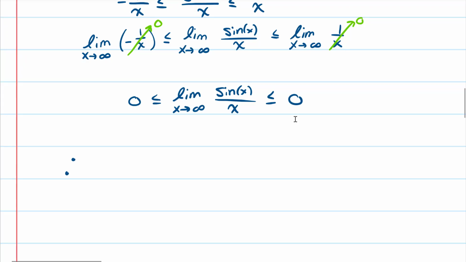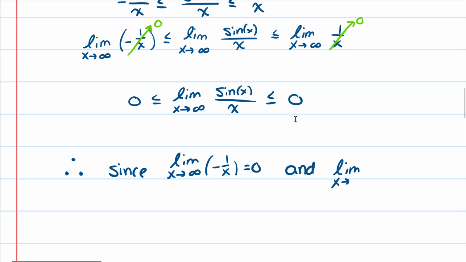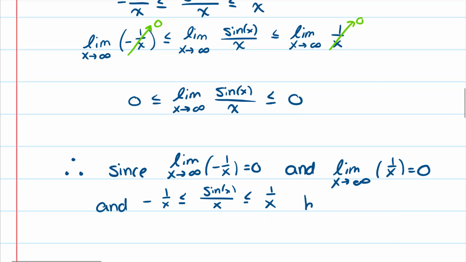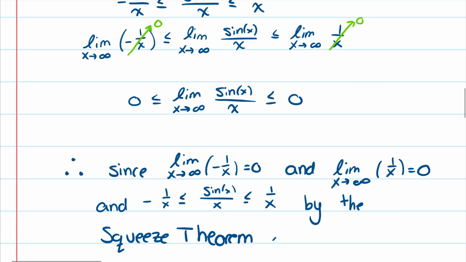So therefore, since the limit as x approaches infinity of negative 1 over x equals 0, and the limit as x approaches infinity of 1 over x is equal to 0, and negative 1 over x is less than or equal to sine of x divided by x, which is less than or equal to 1 over x, then by the squeeze theorem, the limit as x approaches infinity of sine of x divided by x is equal to 0.